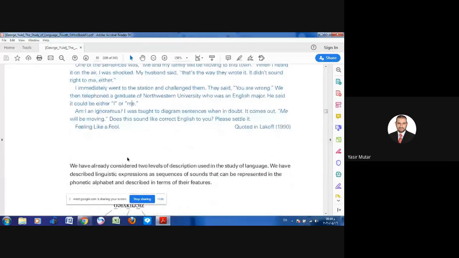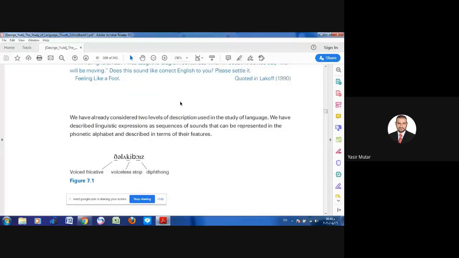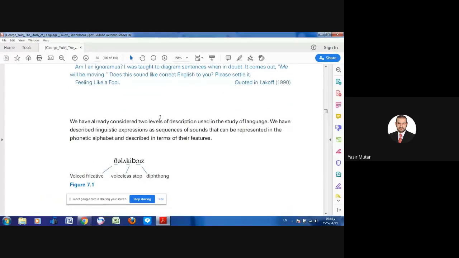So in the previous chapters, for example, as you can see here, the lucky boys. Actually, this is a phonetic transcription. We studied this in the previous chapters.